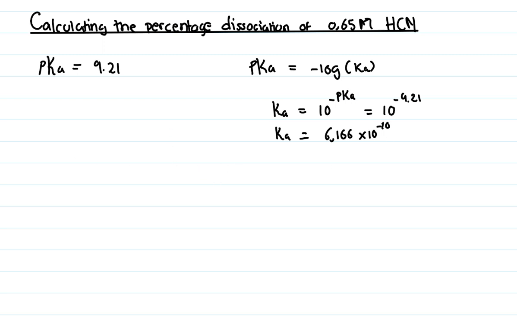So now that we have the Ka, we have to write the dissociation reaction for hydrogen cyanide. So we have hydrogen cyanide aqueous plus H2O liquid, reversible reaction.